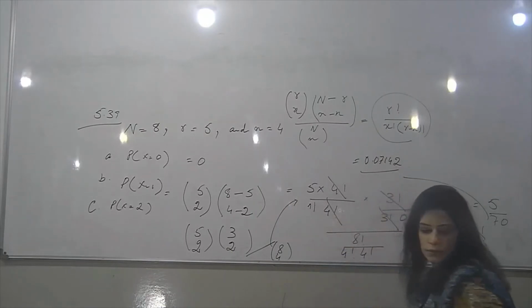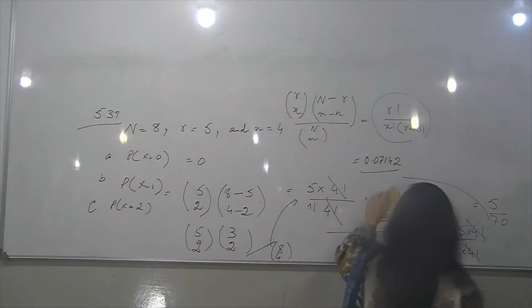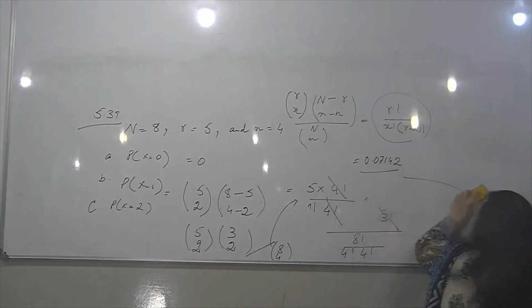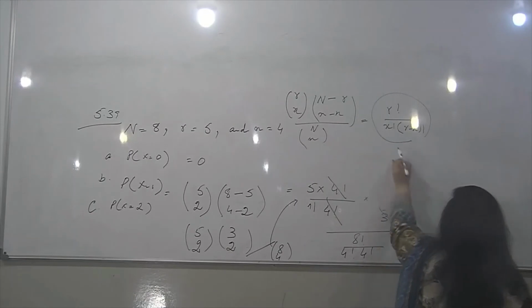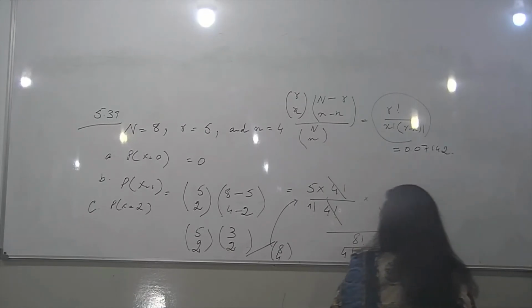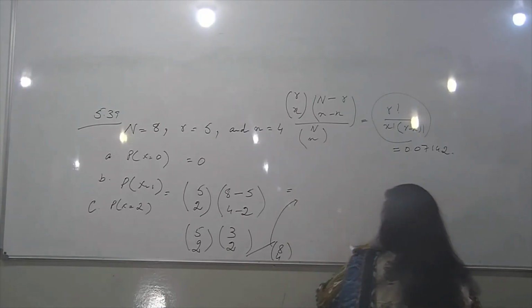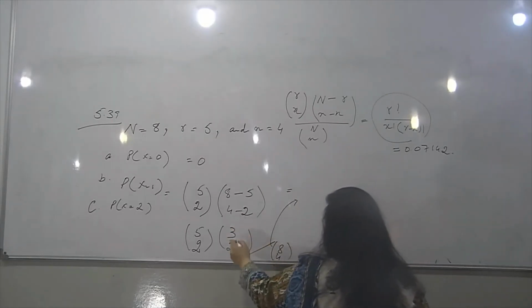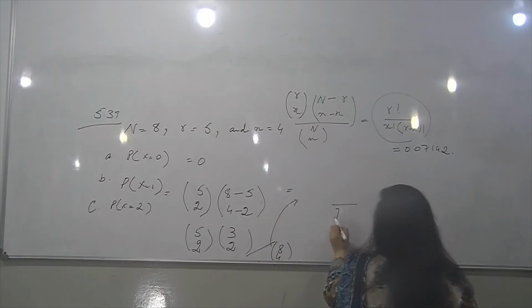Let me just rub this off. Okay, this was 0.07142. Let me just write it. And this, we are going to be changing it to, since we have already 4, this was 70.